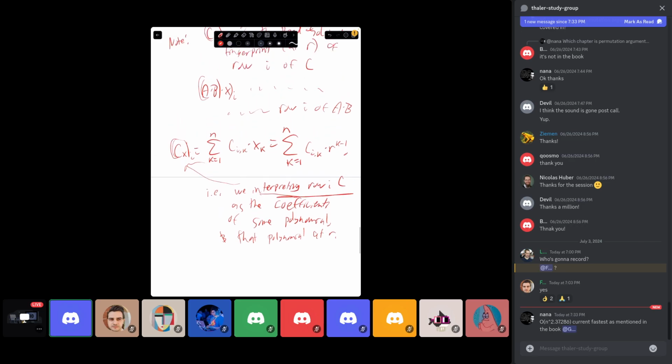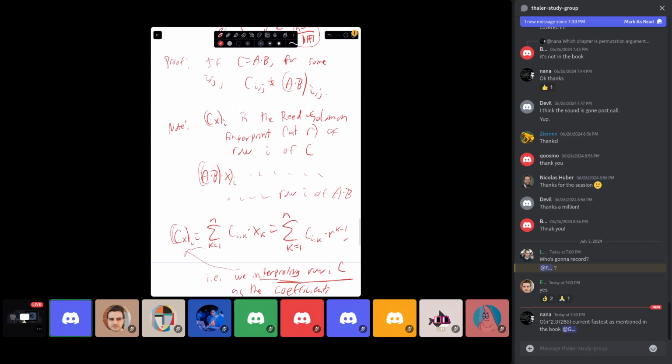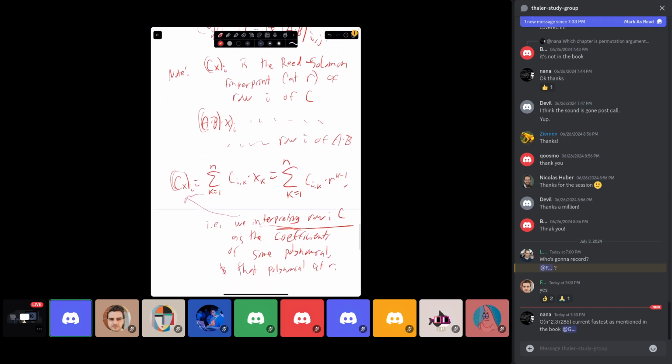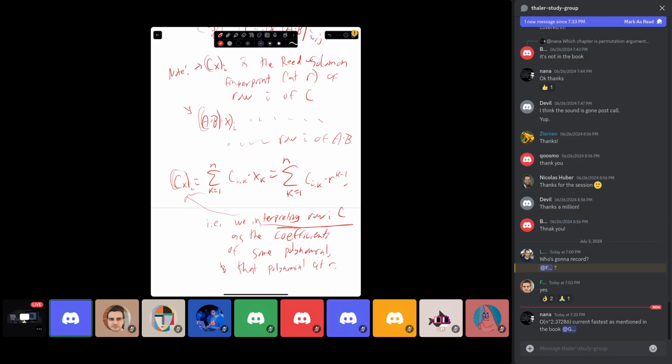And so, if there's some entry ij in row I of C where the ijth entry of C does not equal the ijth entry of A times B, what we're doing here is taking two Reed-Solomon fingerprints of different vectors.